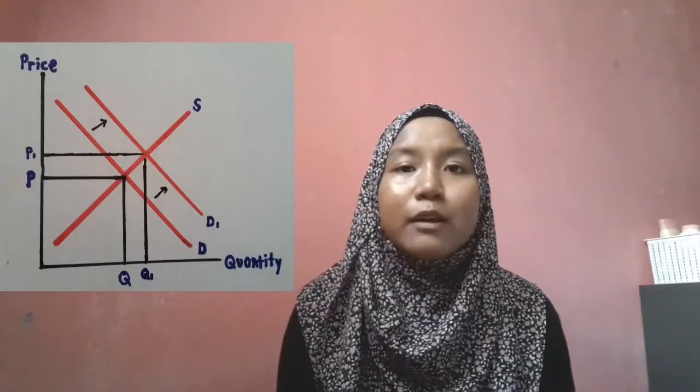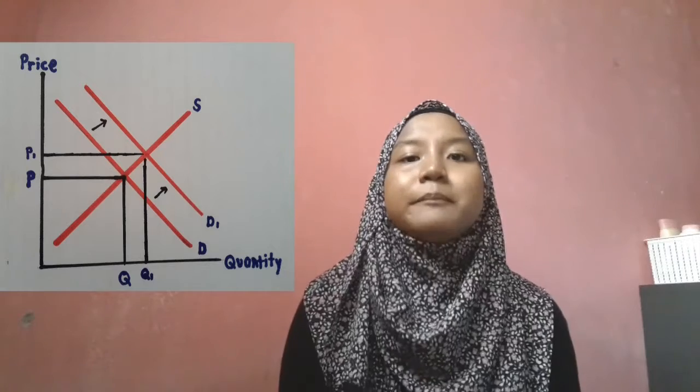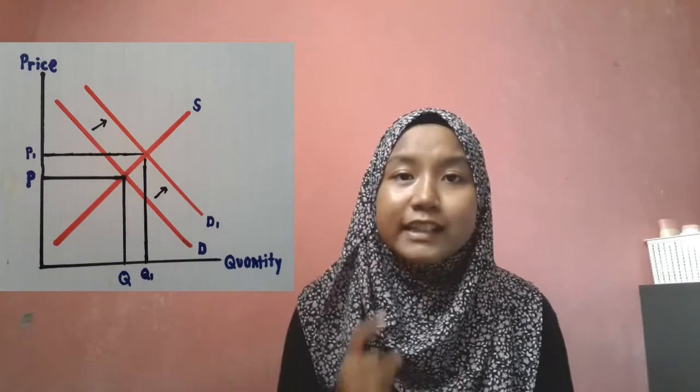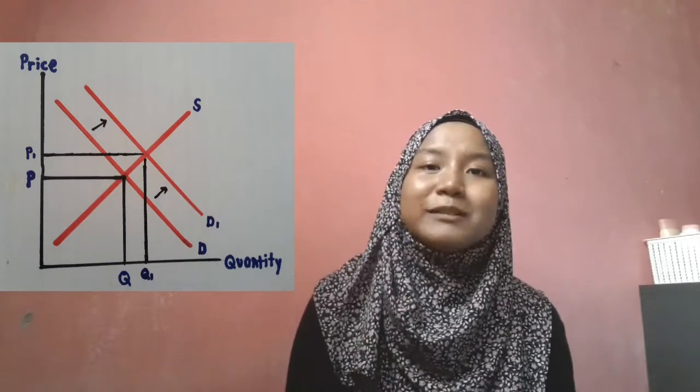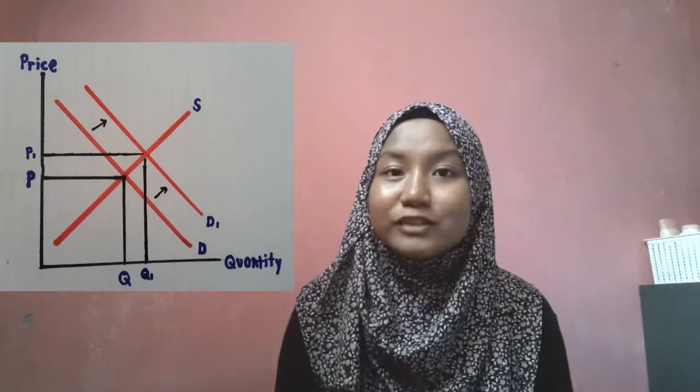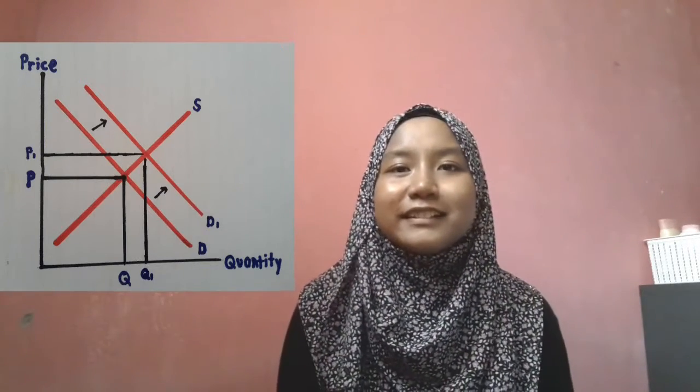The effect of this is that the equilibrium price and quantity now change. The quantity demanded and the price that is paid are going to increase because more people want the product and the business is able to increase the price from P to P1. And they are able to sell more of the product, so the quantity goes from Q to Q1.